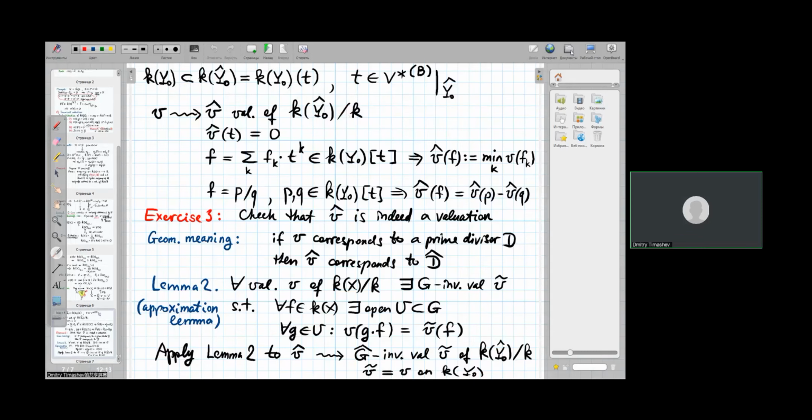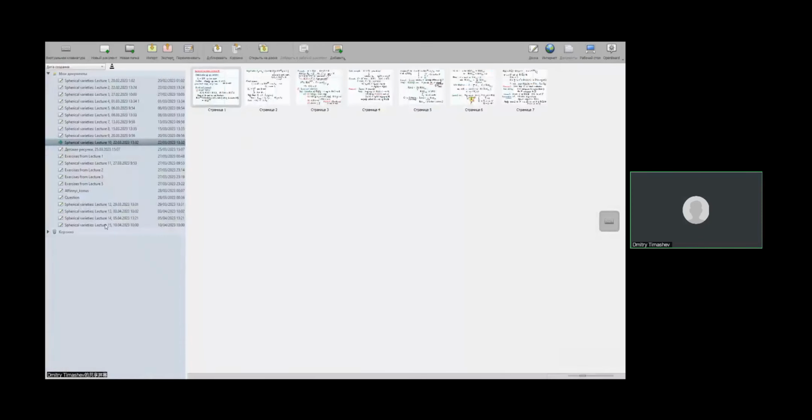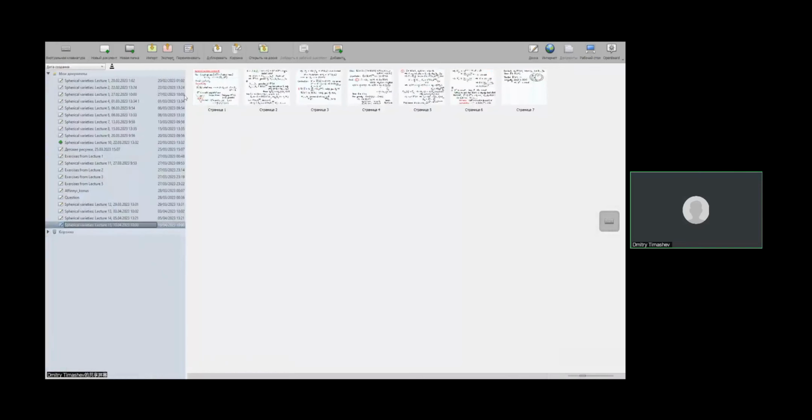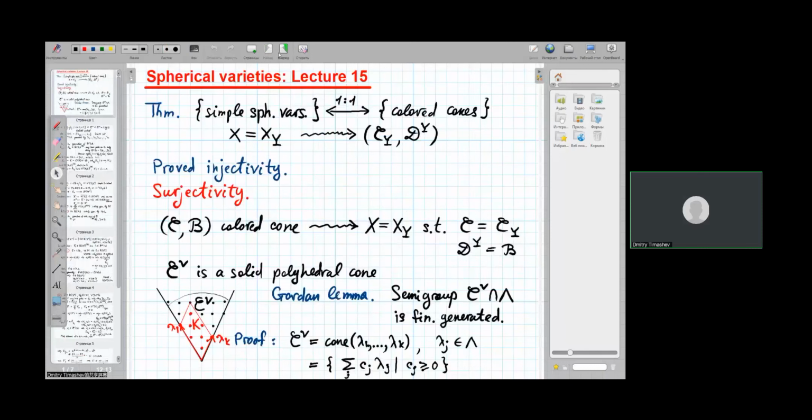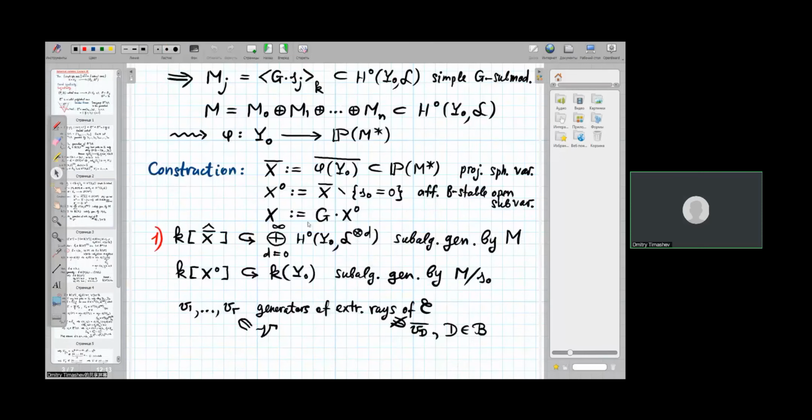But what we are interested in are fields of this form. Excuse me, where do we have this? Yes. The field to which we want to extend the valuation is the fraction field of this algebra.